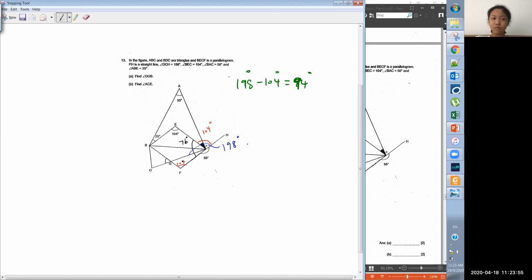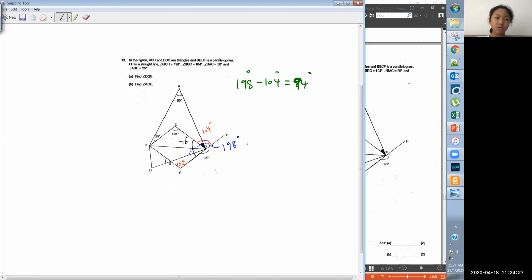Okay, so this is 94. Let me see. Something is not quite right, right? So GCH is 198.